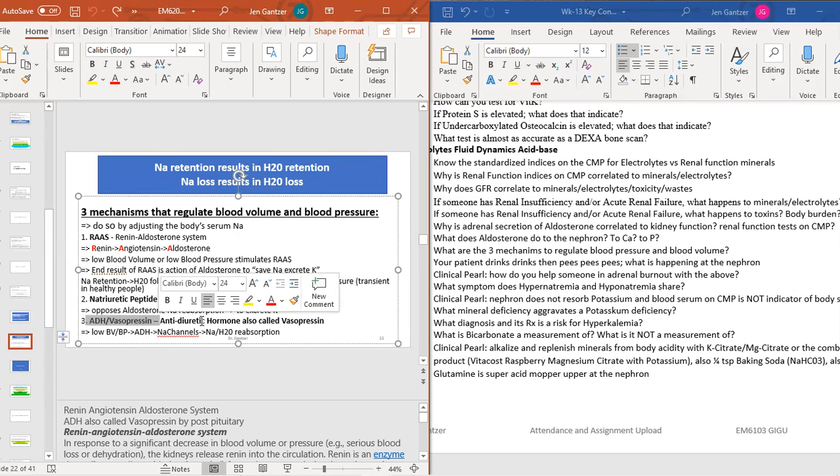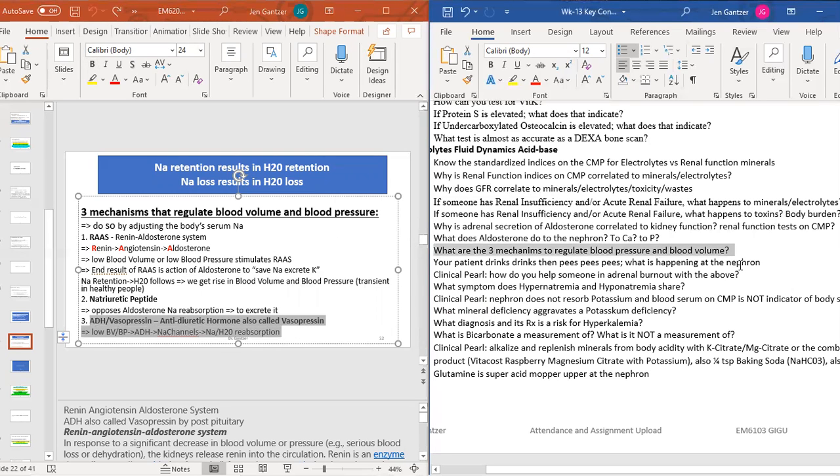So antidiuretic hormone, which is also called vasopressin, at the level of the kidney nephron, it activates the aquaporins, and it will save and conserve water. So that's the three mechanisms to regulate blood volume and hence blood pressure.